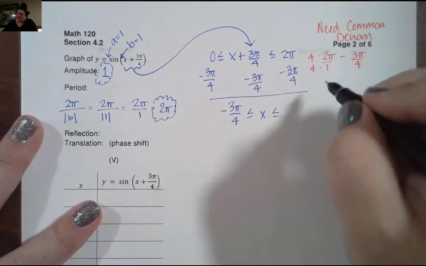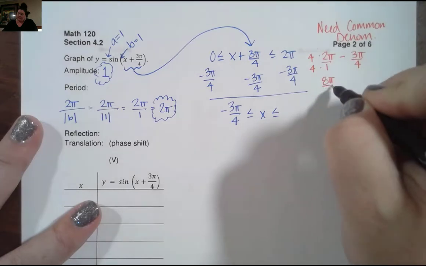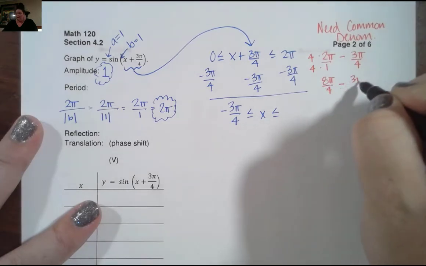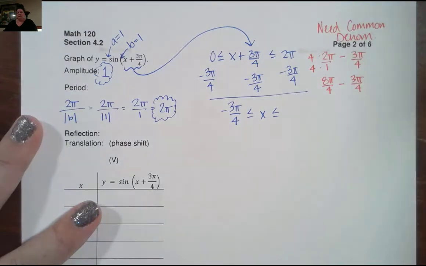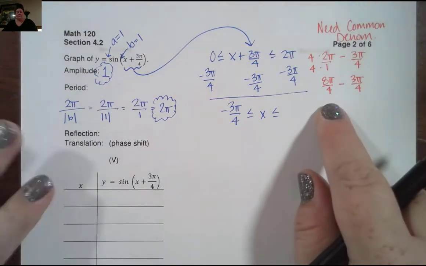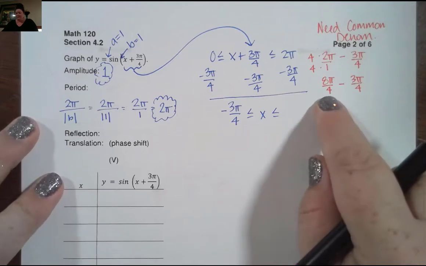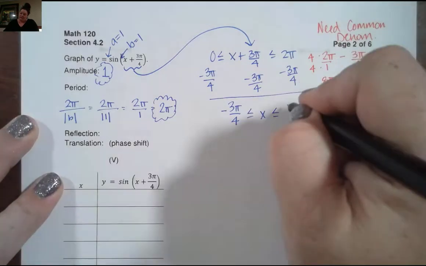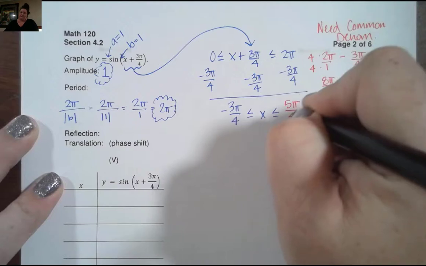So that can be written as 8 pi over 4 minus 3 pi over 4, right? And now that they have the same denominator, I can go ahead and add those together. Or sorry, subtract those. 8 pi over 4 minus 3 pi over 4 leaves me with 5 pi over 4.